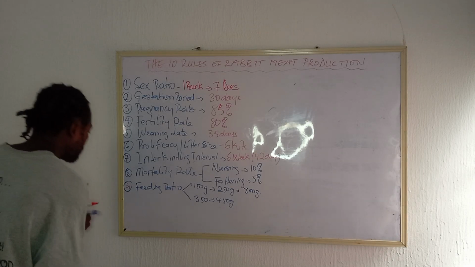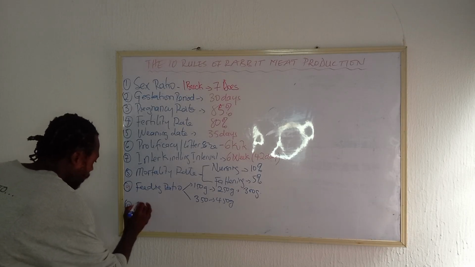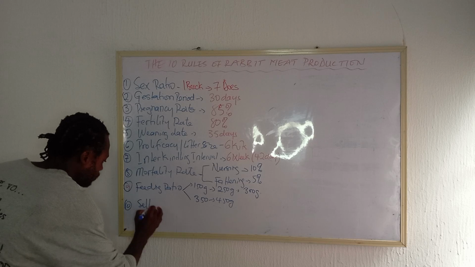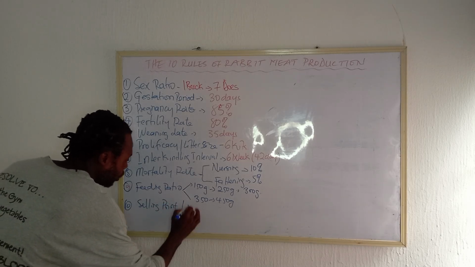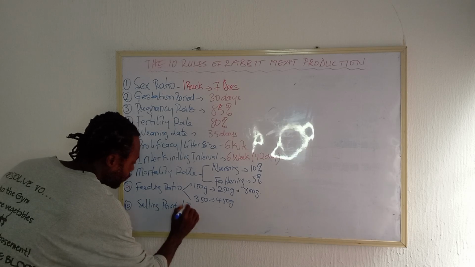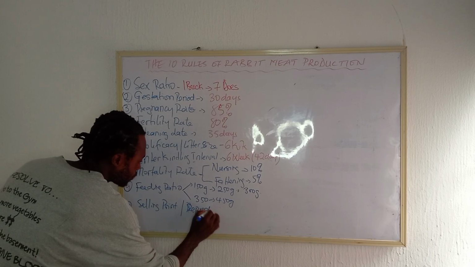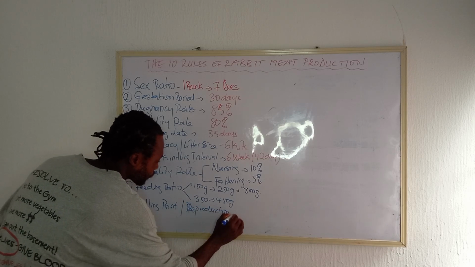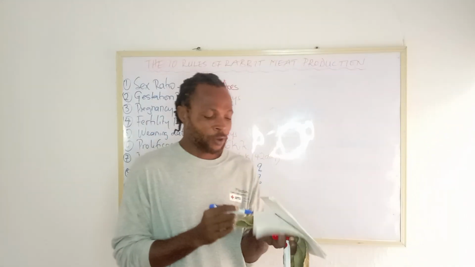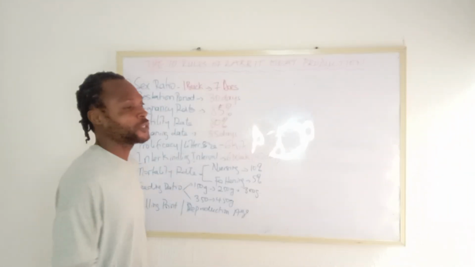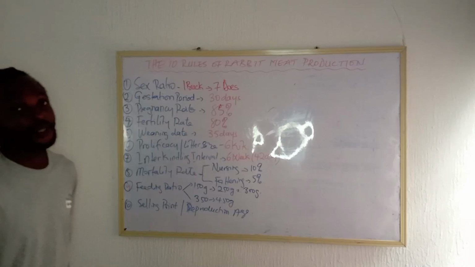Then the next point, the last one, we have selling age, and then reproduction age. Here I always tell people, the longer you keep your rabbit, the lower your profit margin.